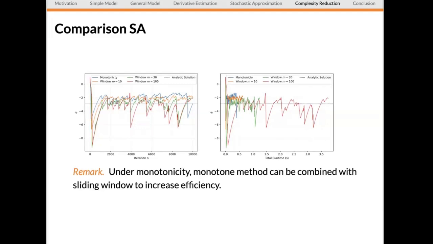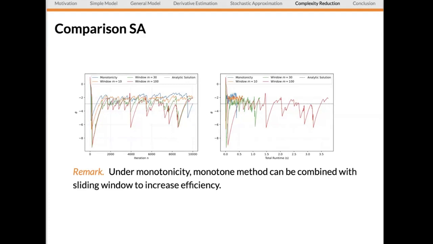But look at this, this is the runtime in seconds. This was iteration numbers. If we increase the window to 100 or 1,000, it means that every step is taking 1,000 times more seconds than the other methods. So we can see that the window with m equals 100 looked really nice in here, but it doesn't look nice in here.